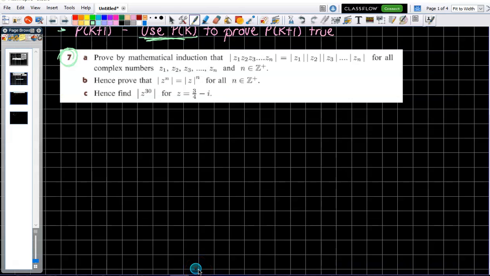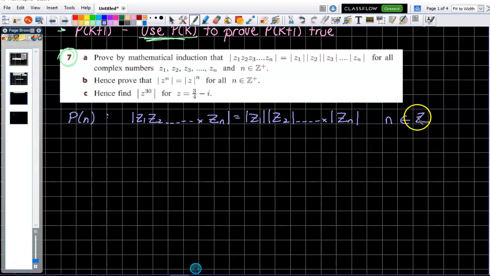All right, so prove by mathematical induction, for all complex numbers. So that's one of our properties as well. So we better write Pn: modulus of Z1, Z2, all the way up to Zn equals modulus of Z1 times modulus of Z2, all the way up to modulus of Zn, for n positive integers. Agreed?